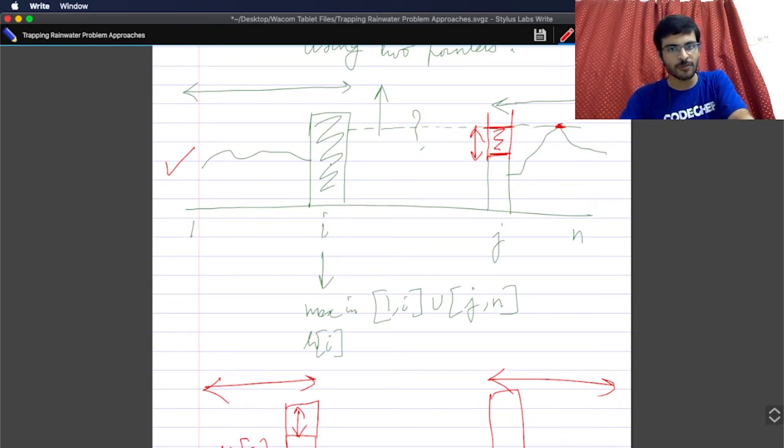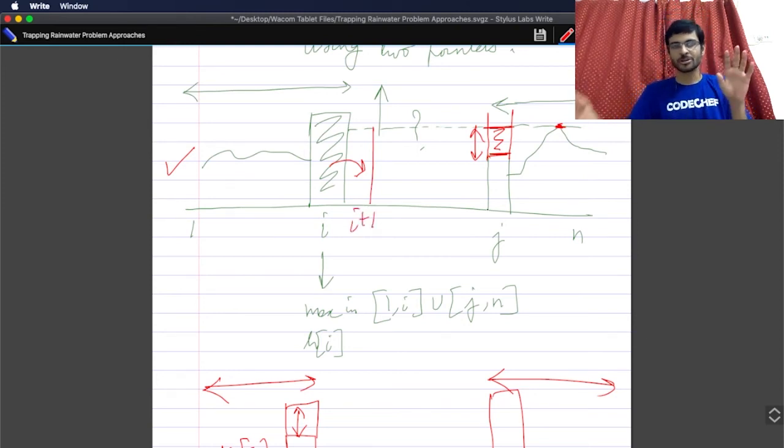If I move away from here, then the problem is that I will stay at these two positions, i plus 1 and j. So there are two things in the two-pointer approach. Think that i and j are at a certain place, and at a certain point you can either move i forward or j backward.